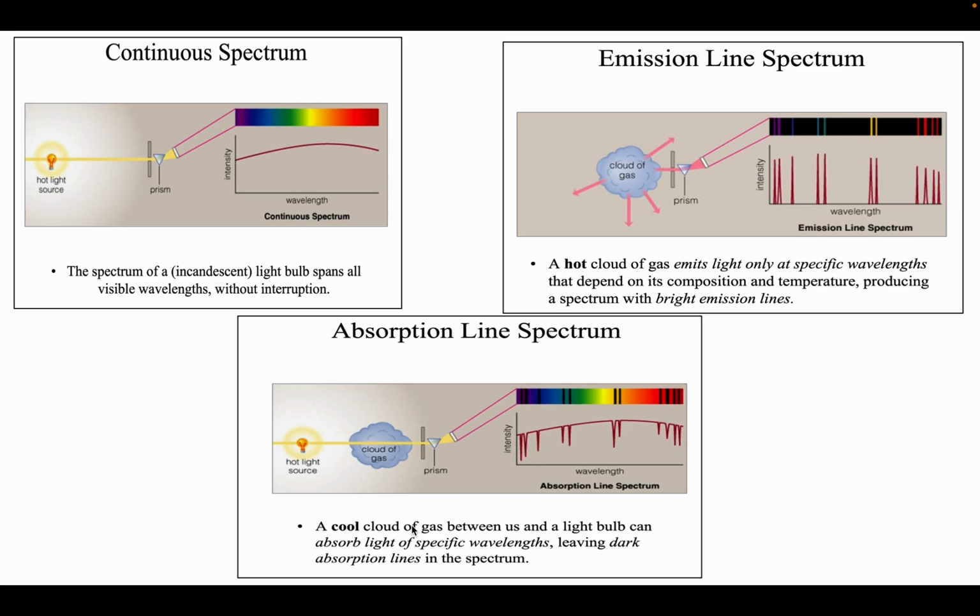So a cool cloud of gas between us and the light bulb can absorb light at specific wavelengths, and these specific wavelengths of course depend on the composition of the cloud of gas. And when we disperse this light through the prism, we get dark absorption lines in the spectrum of the hot light source.